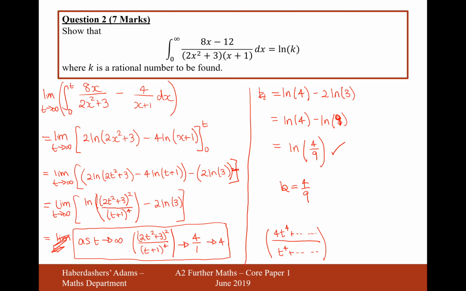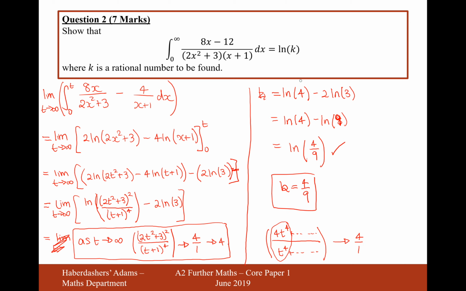Because it's to the power of 4, it gets much bigger than any cubed expression, squared expression, etc. So you're only really interested in the coefficients of t to the power of 4. So as t tends towards infinity, this thing here will tend towards 4 over 1.